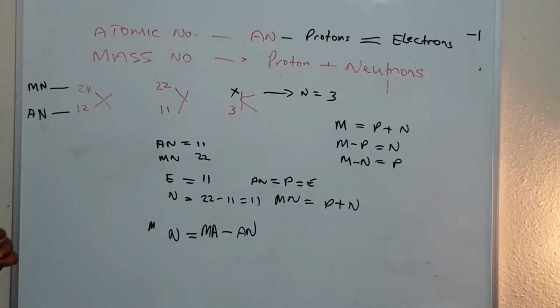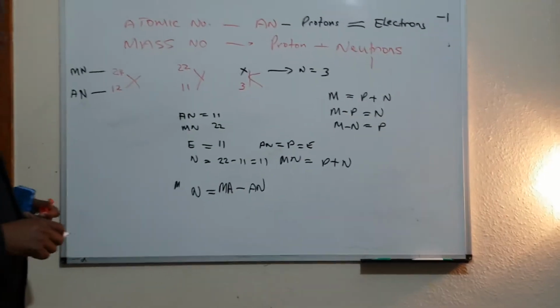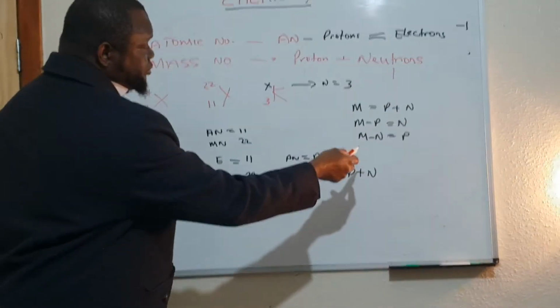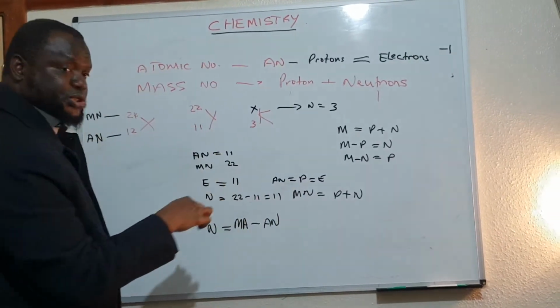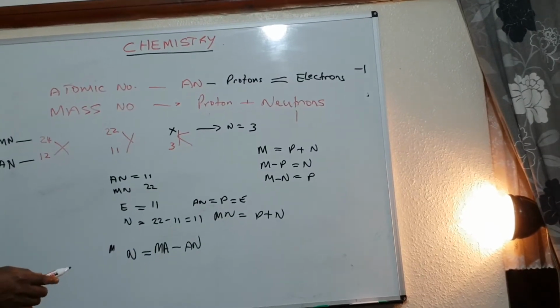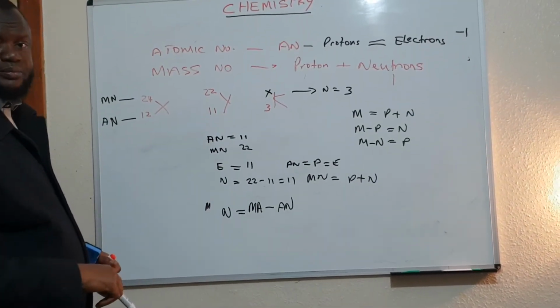And the charge also: if there are 10 protons in the nucleus, which are positive charge, then the number of electrons must be the same, 10, so they become balanced.